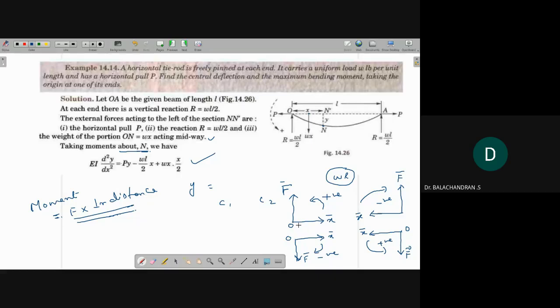Similarly, you should tell what WL by 2 is. That is a force, that is downwards. WL by 2 is just the opposite direction. I told this direction, and this is opposite to the bending. That's why I told negative sign.